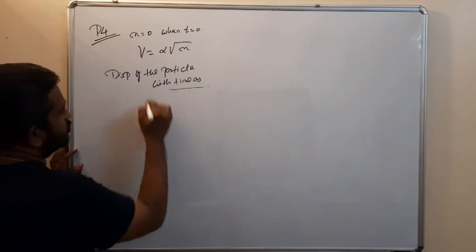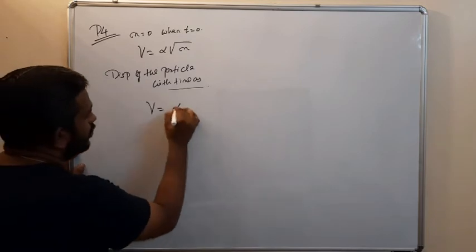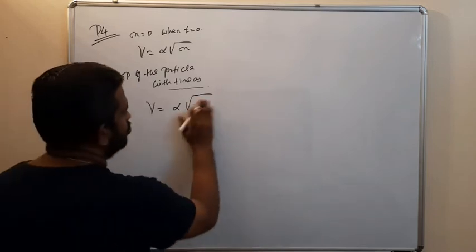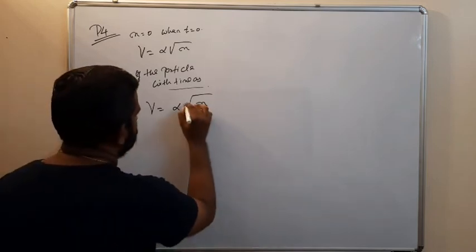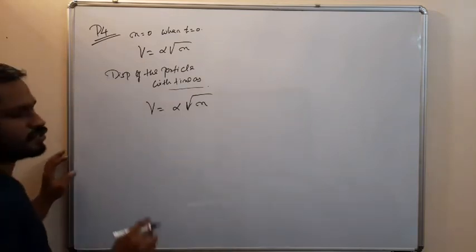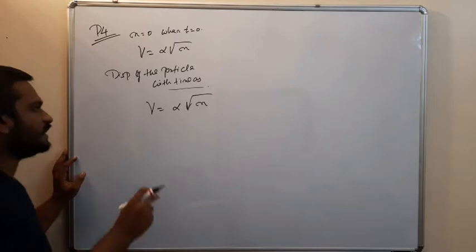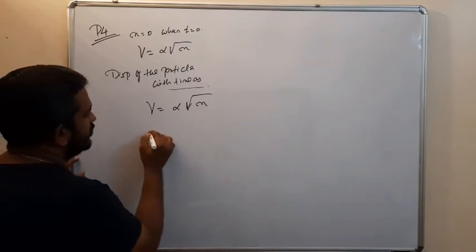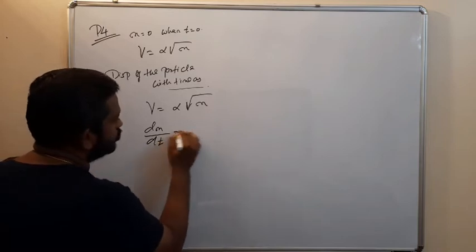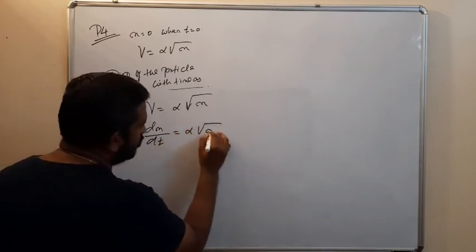So the first equation is v is equal to alpha root x. First step, v is equal to dx by dt, so dx by dt is equal to alpha root x.